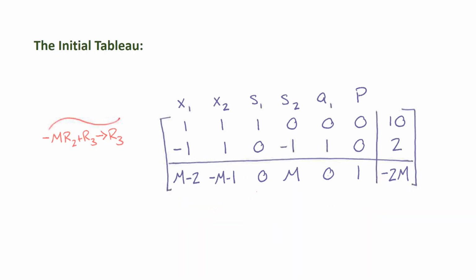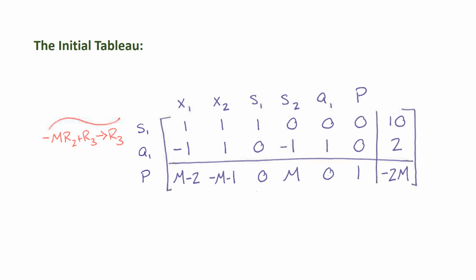So we're going to multiply row 2 by negative m, and we're going to add that to row 3 to get a new row 3 where the m will no longer be in the a1 column. So I can see that my new row 3 is m minus 2, negative m minus 1, 0, m, 0, 1, negative 2m. So this is the initial tableau, and I can see now that my basic variables are s1, a1, and p.